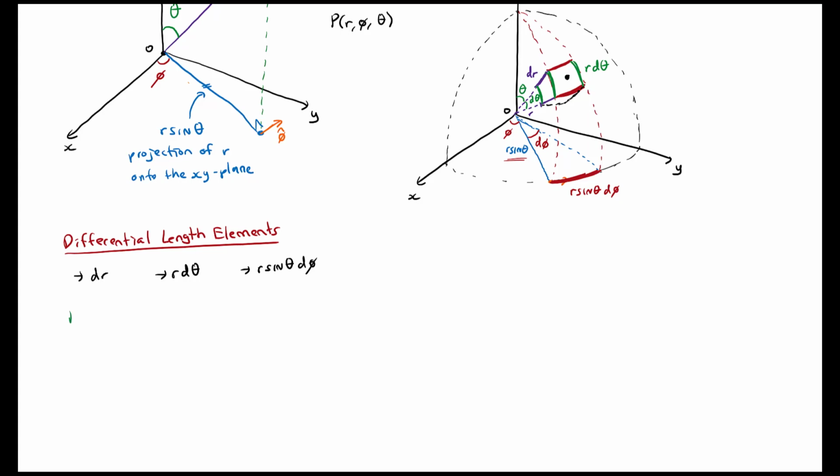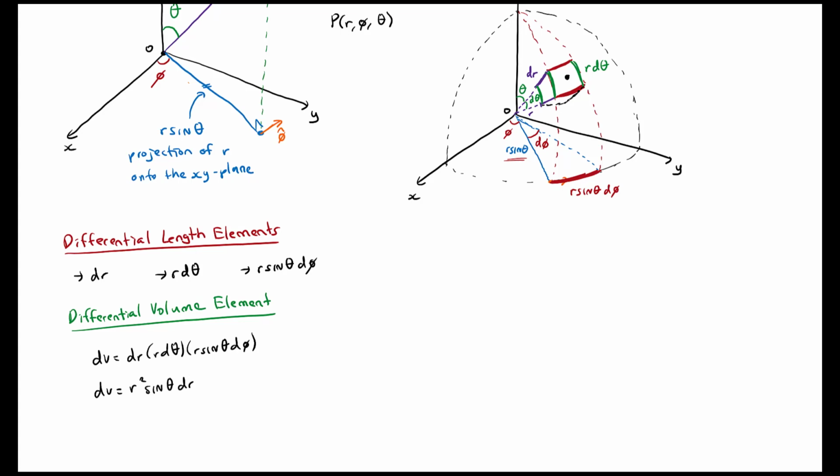This means if we wanted to calculate the differential volume element, we know that dV is equal to, so any volume is equal to length times width times height. So there are 3 length elements. We're just going to multiply them all together. dr times r d theta times r sine theta d phi. So dV is equal to r squared sine theta dr d theta d phi.